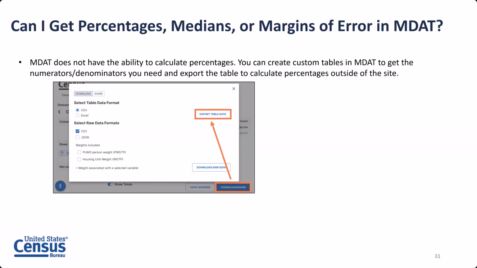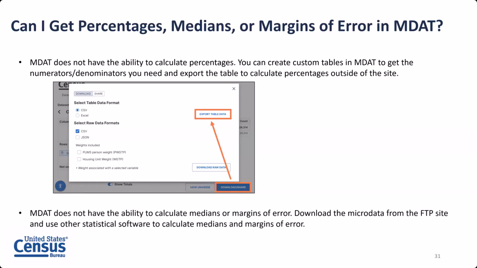And then you could export the data and then calculate percentages outside of the site in, say, Excel or some other format. But ultimately, you would be able to get the numerators and denominators you need directly from MDAT.